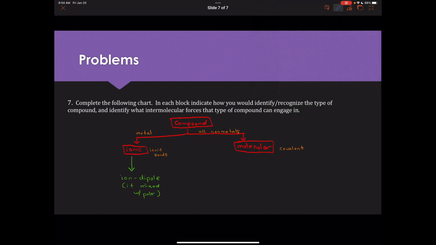Now, if we've identified our compound as being molecular, we have to further distinguish it as being either polar or nonpolar.